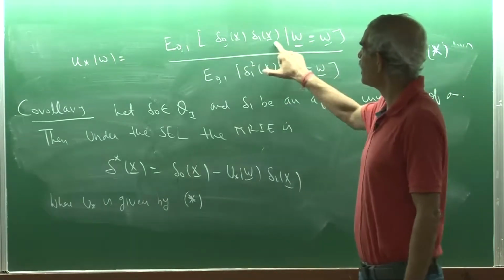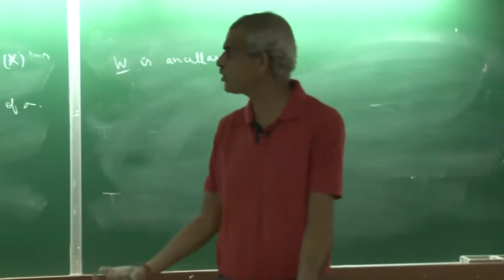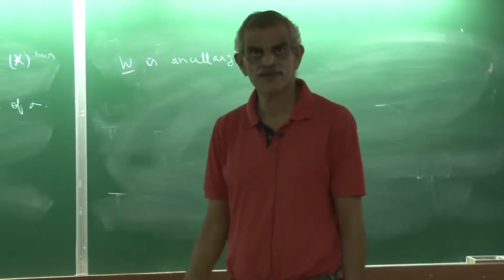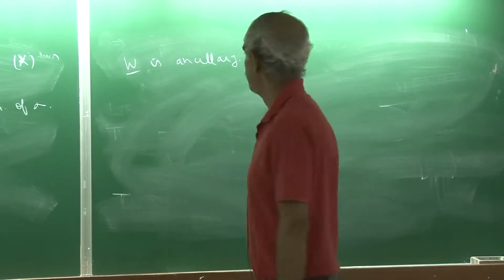So if my delta naught and delta 1 were functions of a complete sufficient statistic, then u star does not depend on W. And in fact, one doesn't have to compute this conditional expectation.